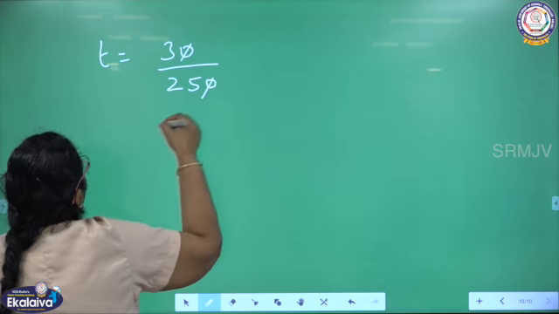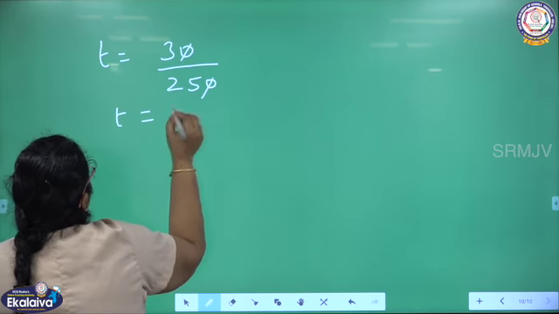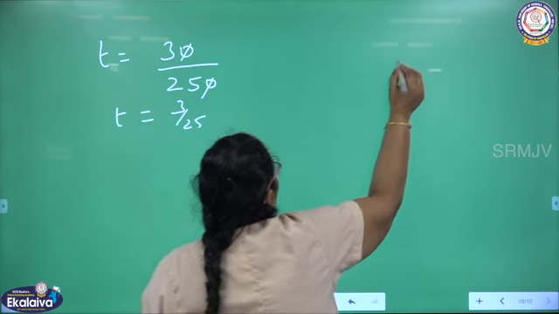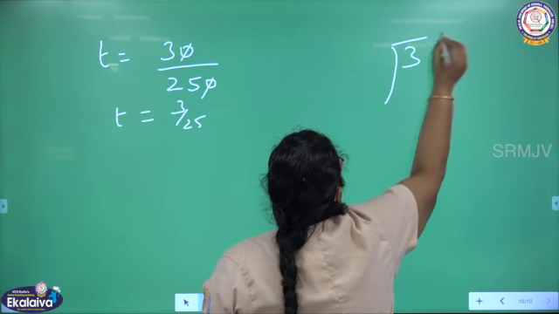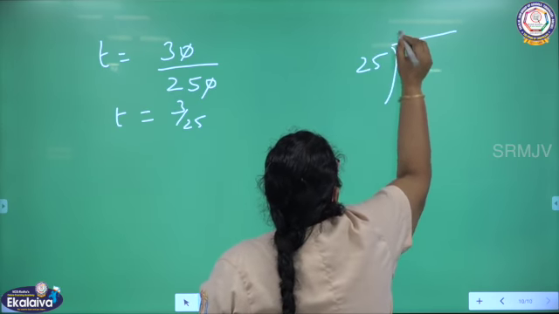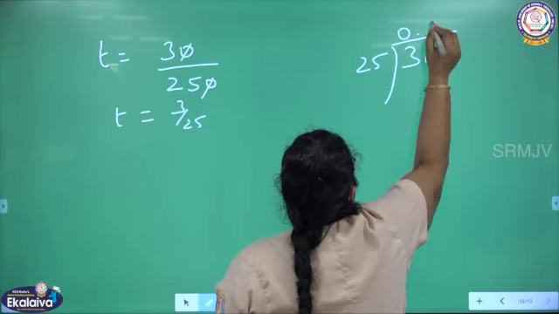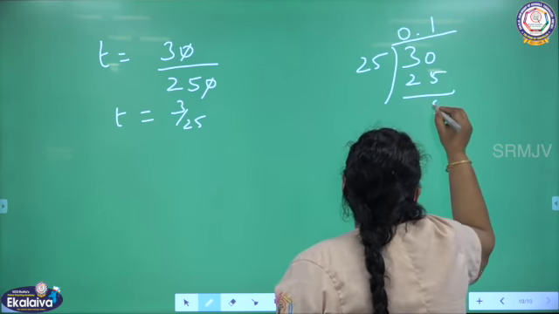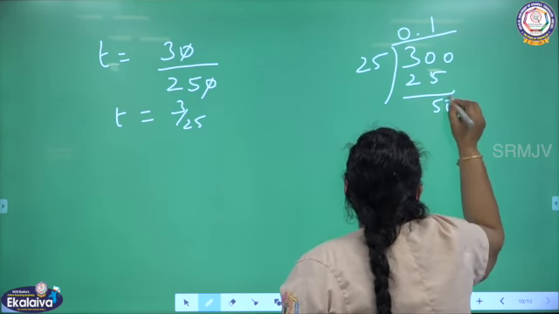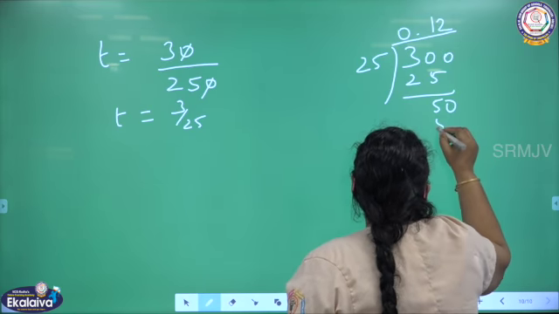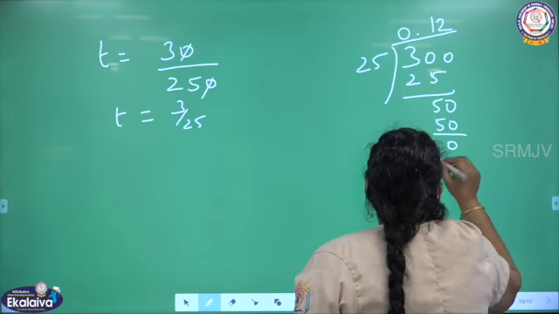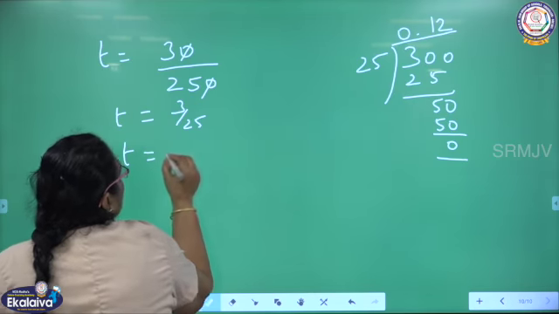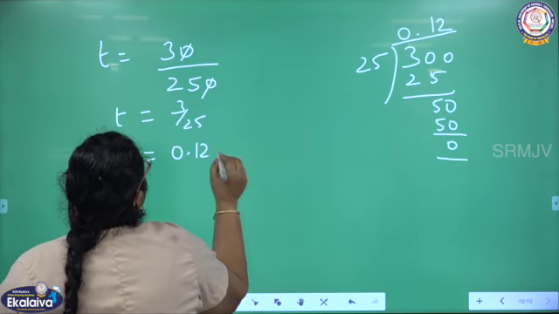The zeros get cancelled. So T is equal to 3 by 25. What is 3 by 25? 3 divided by 25. 0.30, one time 25, again 10 minus 5, 5. Again 0, 50, 25 twos are 50. So what will you be getting? T is equal to 0.12 seconds.